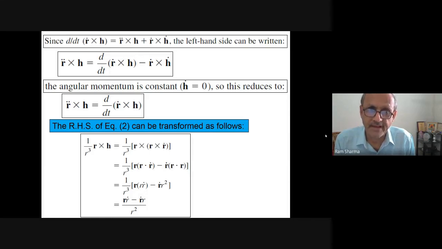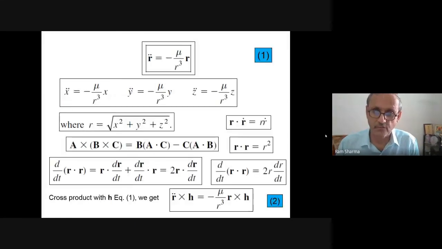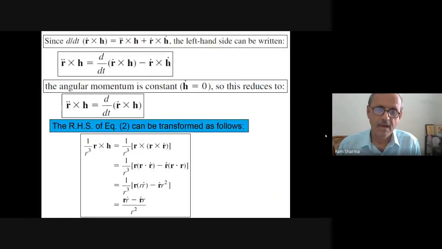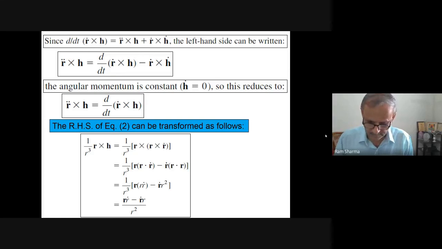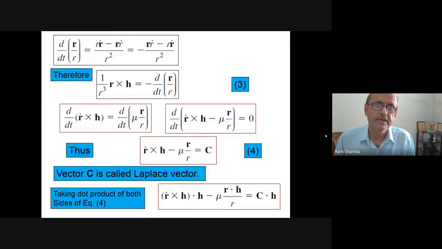So now the right hand side of equation 2. Equation 2 is here. On its right hand side, you write R cross H. H can be written as R cross V, and you use your A cross B cross C formula. Simplify it, and you get the last line, a beautiful line. Now d/dt of R by R, you have written.